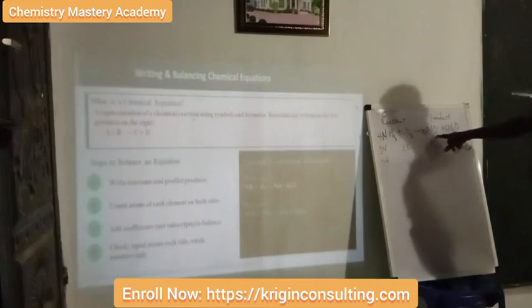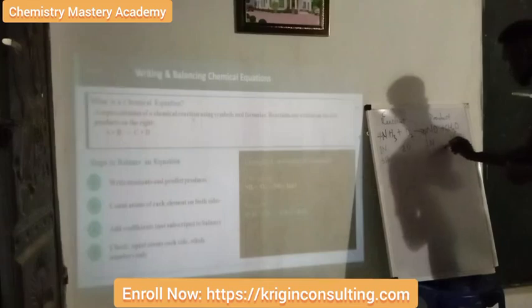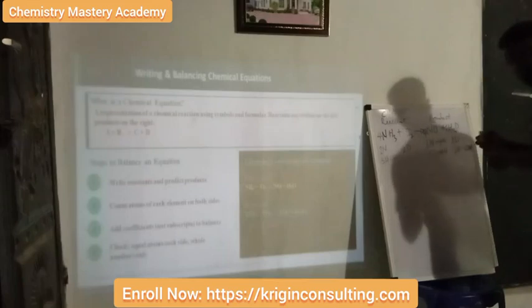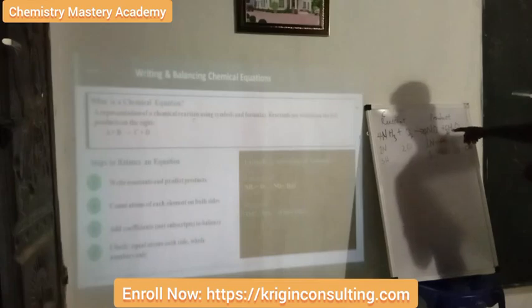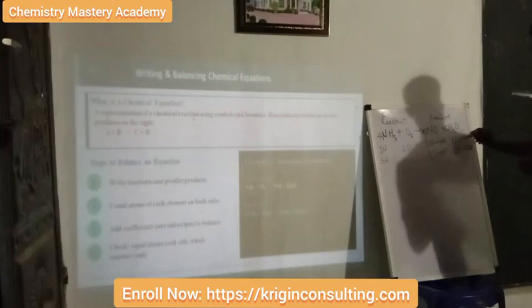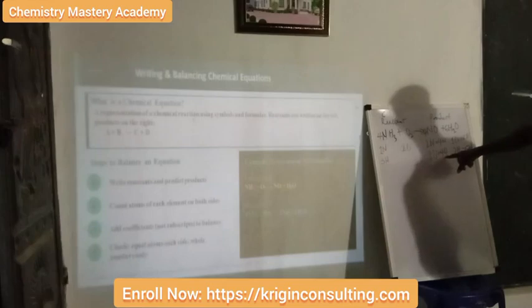Now this oxygen is now what? We have 4 times 1. We have 4 oxygen here. So this one is now 4 oxygen. This one is now 4 nitrogen. How many oxygen here? Now remember this 6 is affecting this one. So this one is now 6 oxygen. So automatically we have 4 plus 6, that's 10.